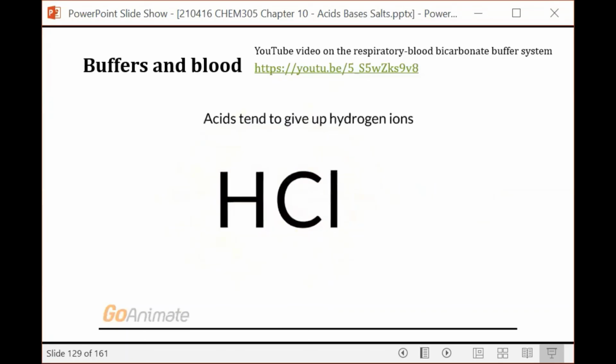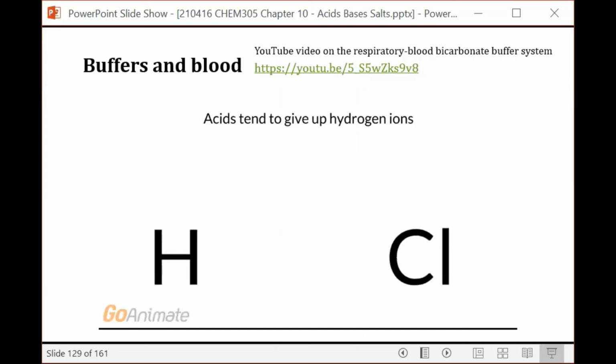Before we see how it works, let's review a little bit about acids and bases. Acids are molecules that tend to give up hydrogen ions. For example, hydrochloric acid dissociates into hydrogen ions and chloride ions. As a solution's hydrogen ion concentration increases, its pH goes down, making the solution more acidic.